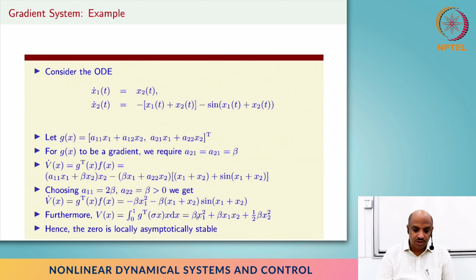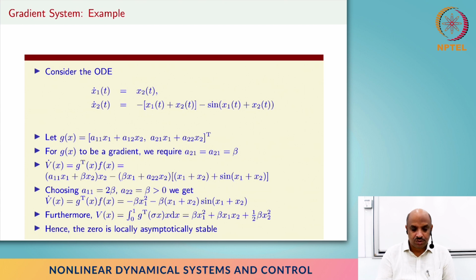And is this positive definite? Well, one can easily see that if you separate out half x1 square, the remaining thing will actually be half of another square. So you'll have a sum of squares, right?